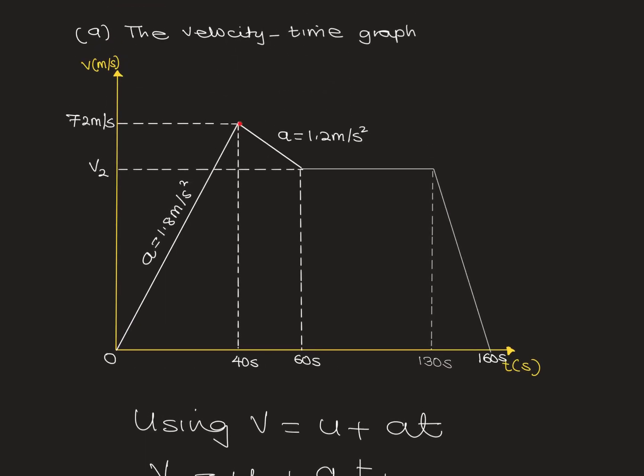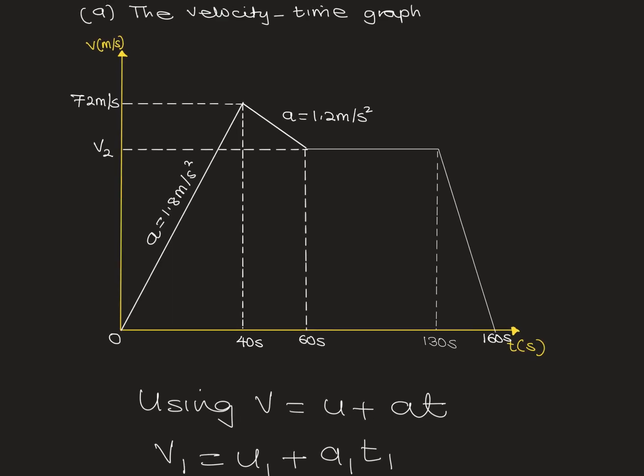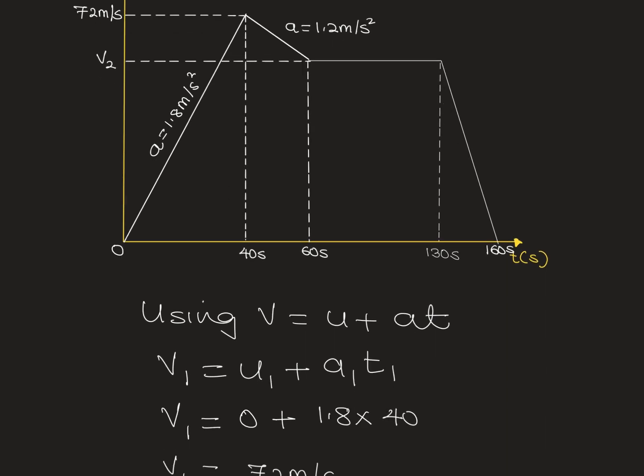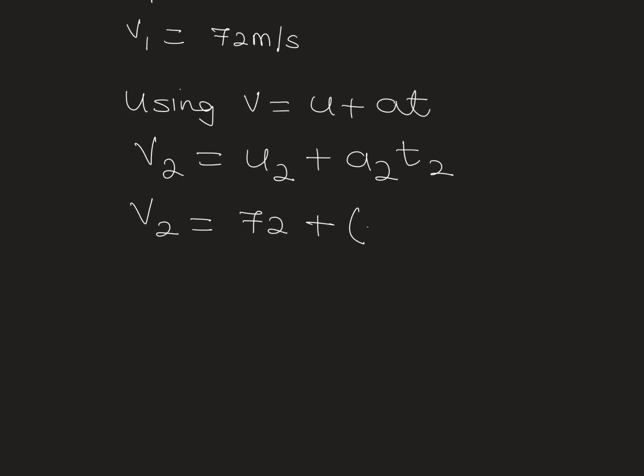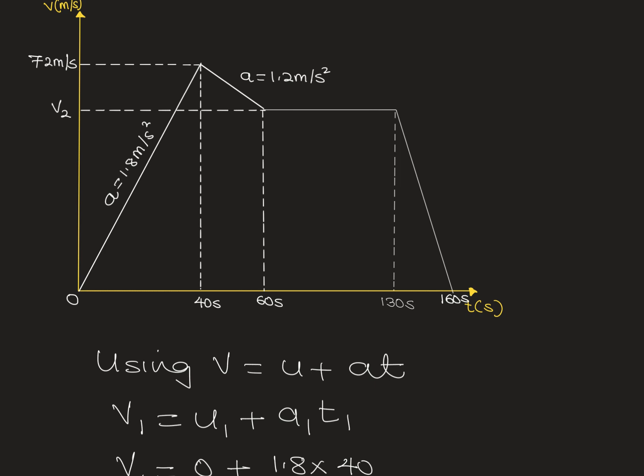We said that is going to be this point, so that is 72 meters per second. We're going to have 72 plus the acceleration at the second phase of the motion is 1.2 meters per second squared. But be careful, since it is a deceleration, you have to allocate a negative sign to it. So we're going to have negative 1.2, then multiply by the time interval for the second phase of the motion, that is from here to here, is 20 seconds.